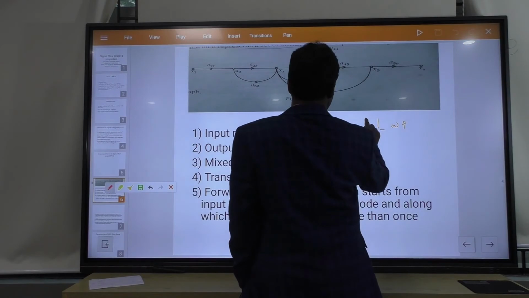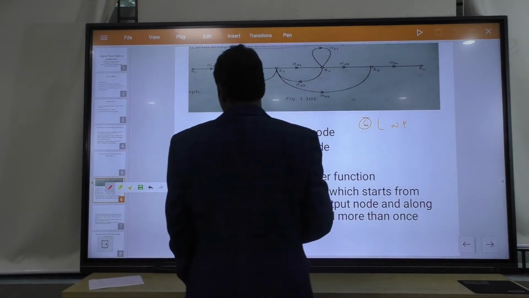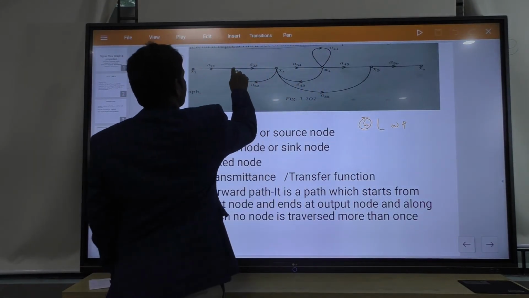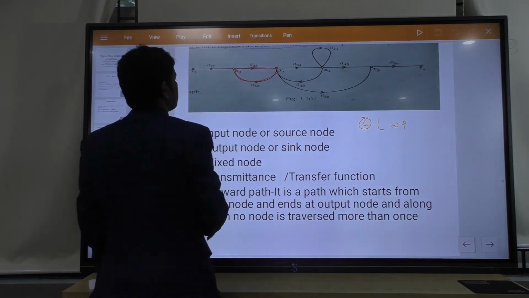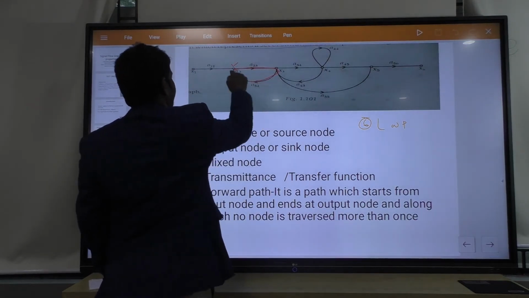What is the loop here? You see, this is a loop. Start from the x2 node and return to the x2 node.